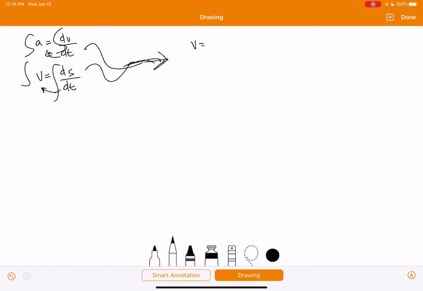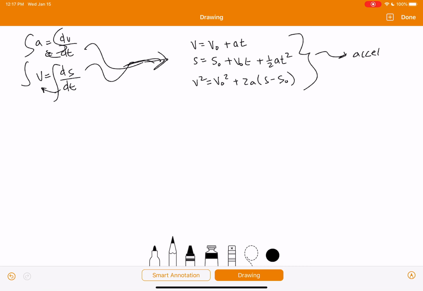You can get v equals v naught plus at, s equals s naught plus v naught t plus 1/2 a t squared. V squared equals v naught squared plus 2a times s minus s naught. Now, the one thing you need to remember about this is that acceleration is constant in order for these to work.